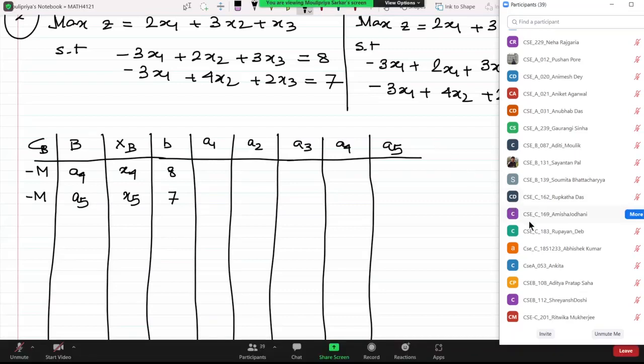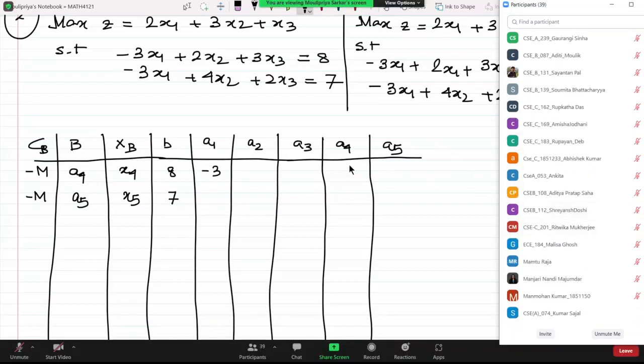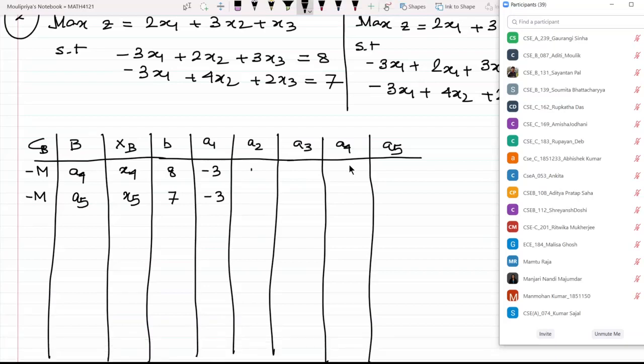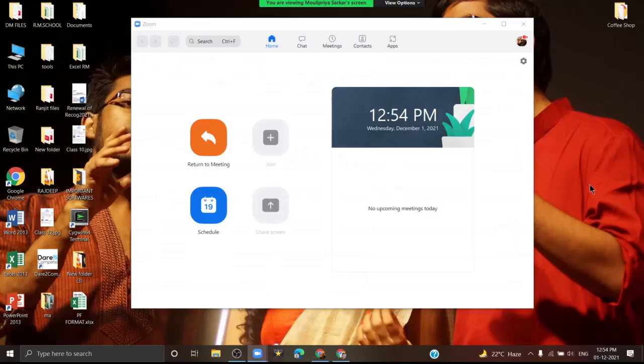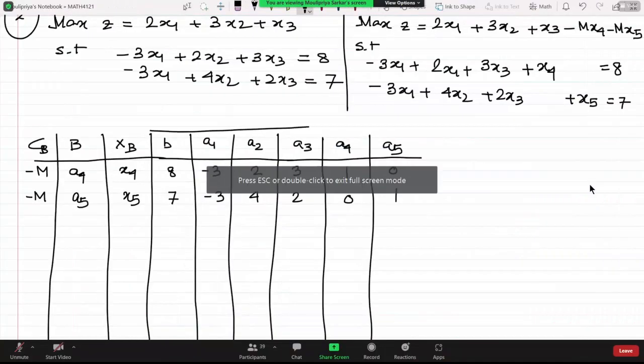A1 is minus 3, minus 3. A2 is 2, 4. A3 is 3, 2. A4 is 1, 0. A5, 0, 1. The cost parameters, which we write at the top.